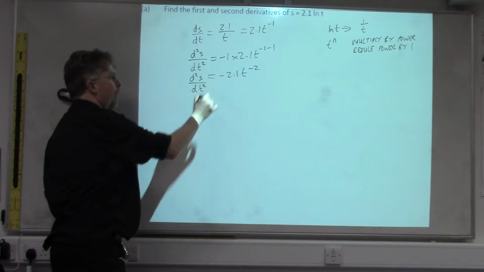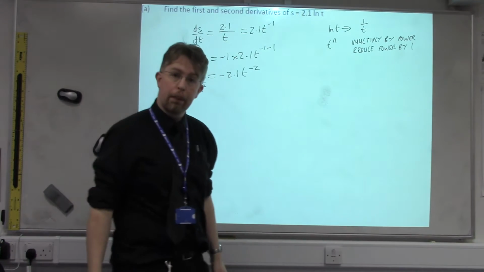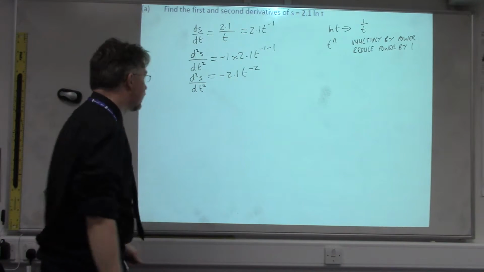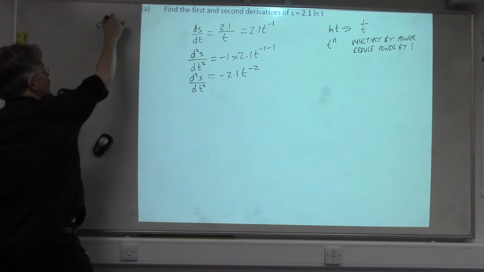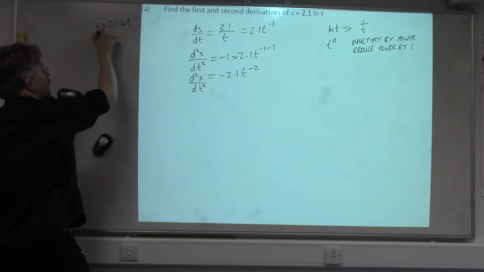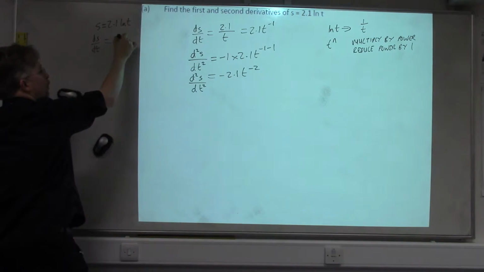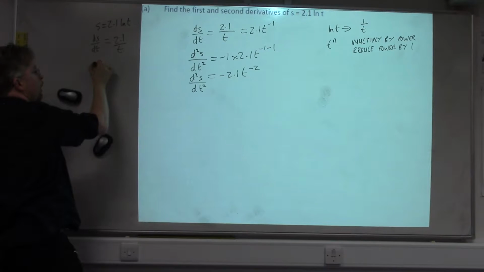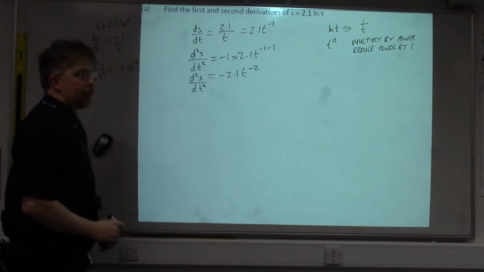Again, make sure you're able to follow these procedures with a slightly different number. Other than that, it will work through in the same way. So writing down the formulae for the later parts: ds by dt was 2.1 over t, d2s over dt squared equals minus 2.1 t to the minus 2.